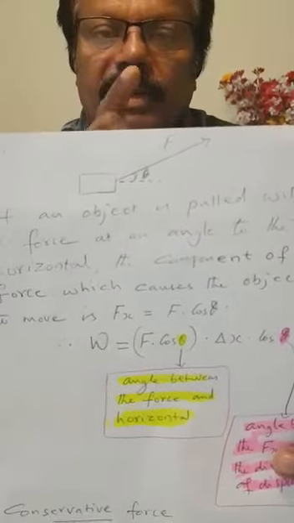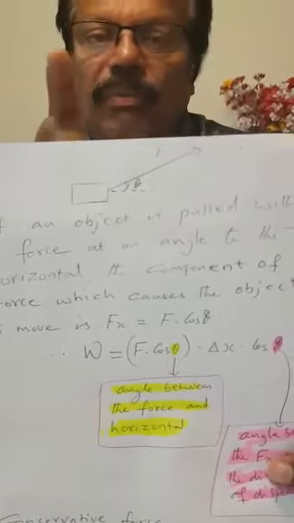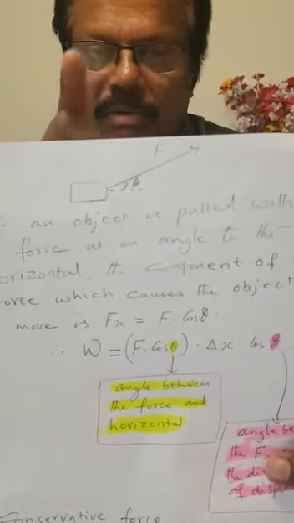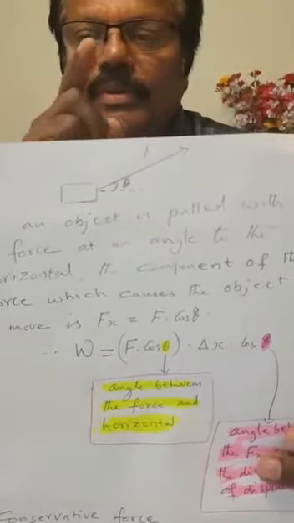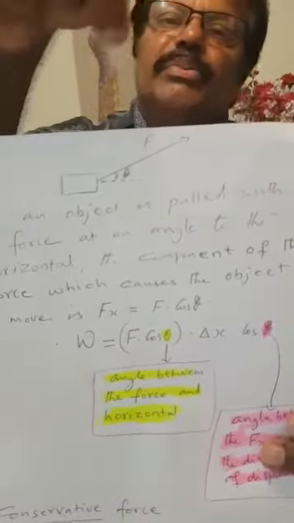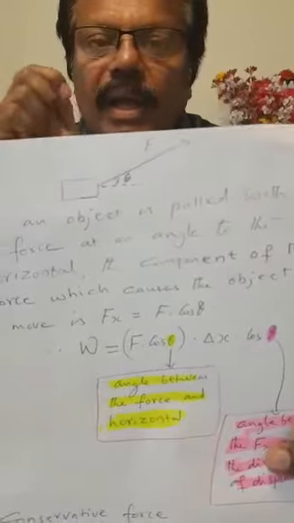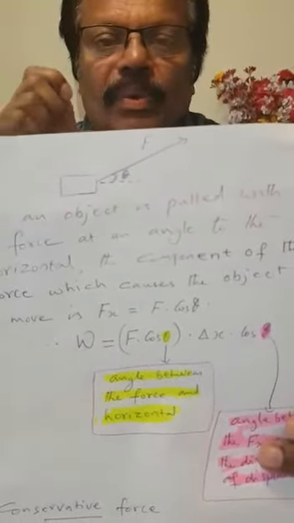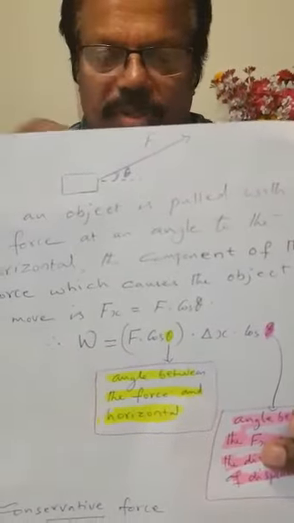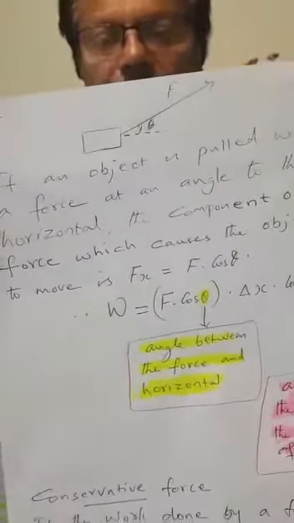Here, not the whole force is doing the work, only the force which causes the object to move in the horizontal direction is doing the work. Therefore, we have to calculate the horizontal component of the force first, which is Fx. The horizontal component is equal to F times cos theta.